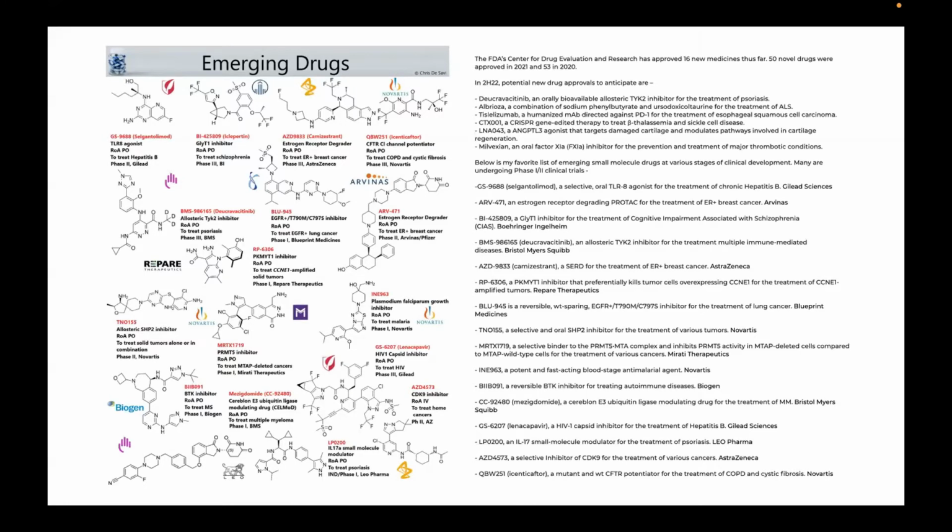To understand how the drugs actually look, this slide describes that the FDA's Center for Drug Evaluation and Research has approved 16 new medicines for now, 15 novel drugs were approved in 2021, and 53 novel drugs were approved in 2020.